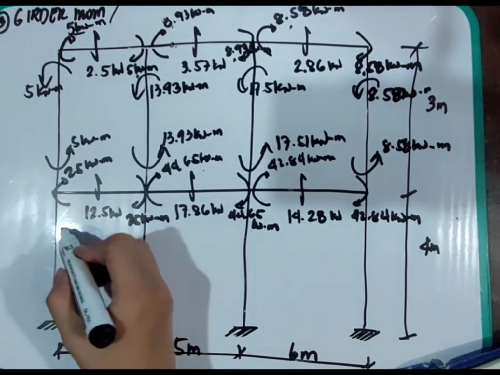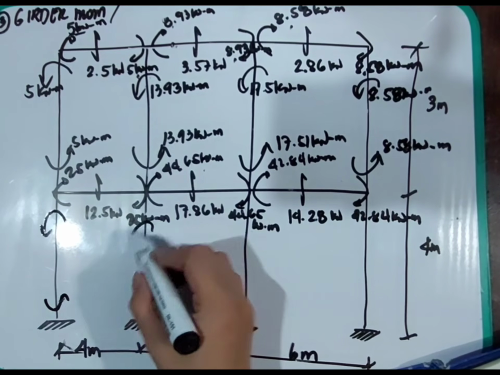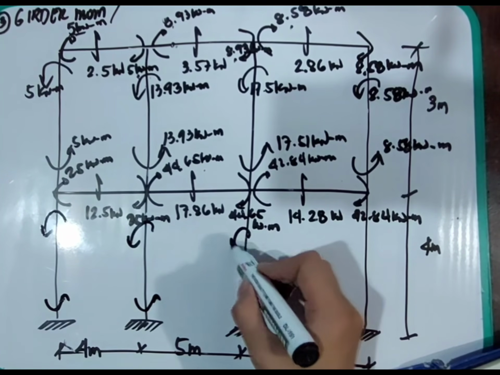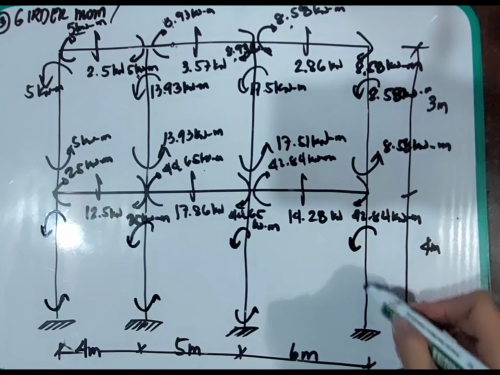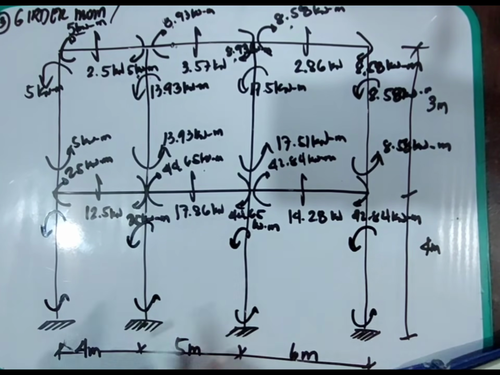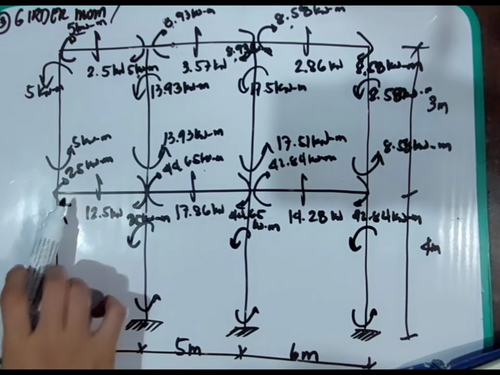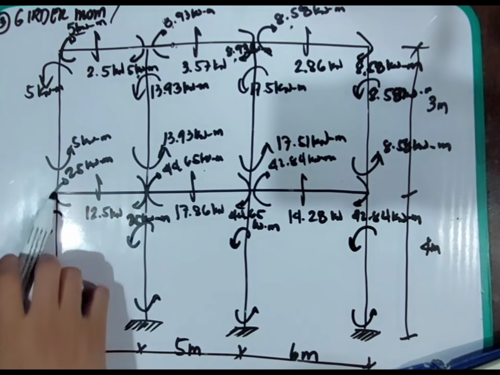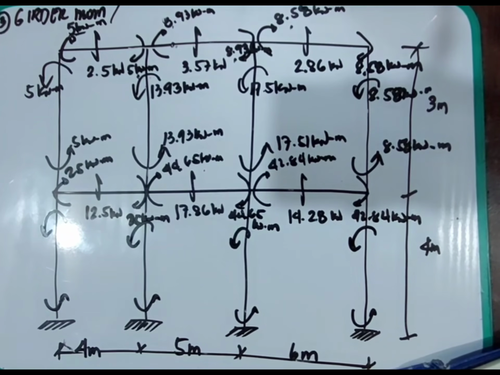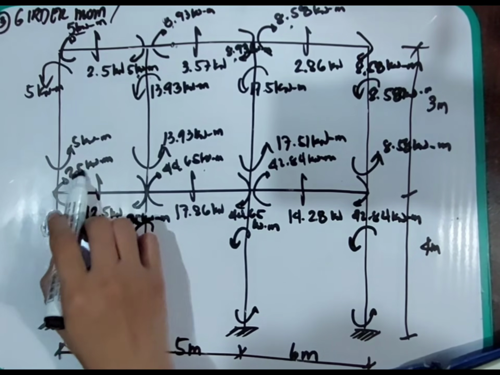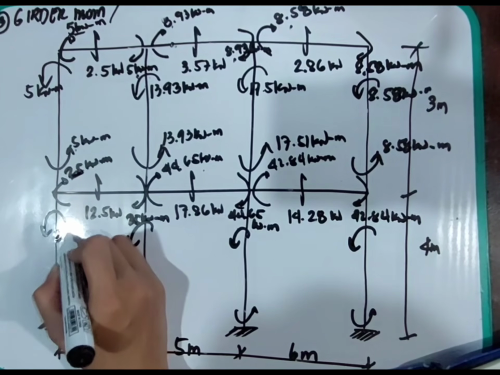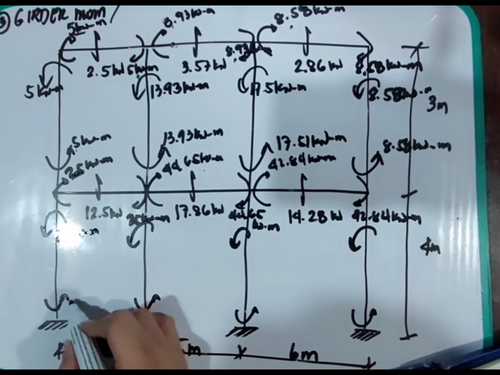Okay, dito naman tayo sa baba. Ang rotation, ganyan pa din. So, we have isang vertical, isang horizontal. Ang gagawin natin dyan is subtract. So, 25 minus 5. So, we have 20 kilonewton meter.